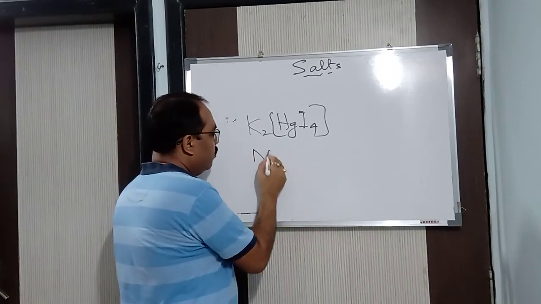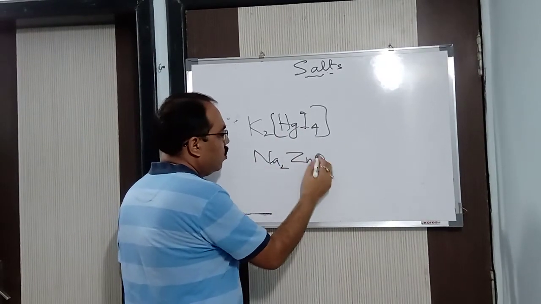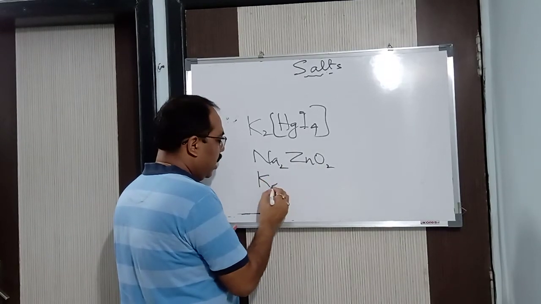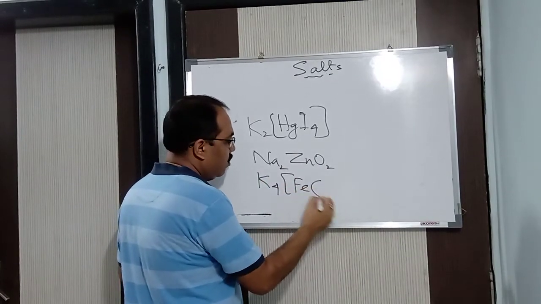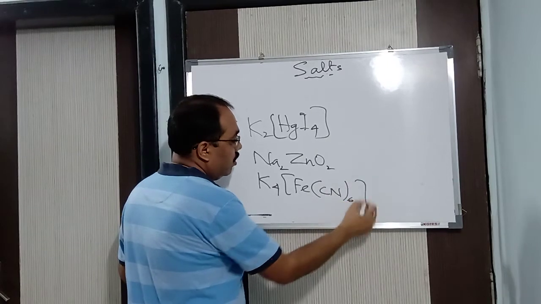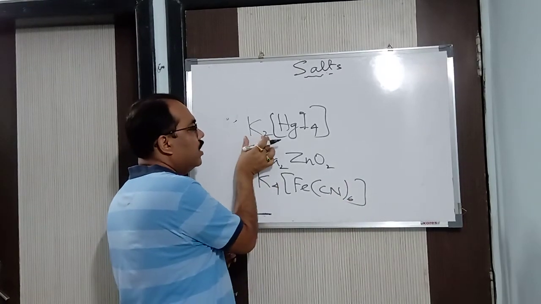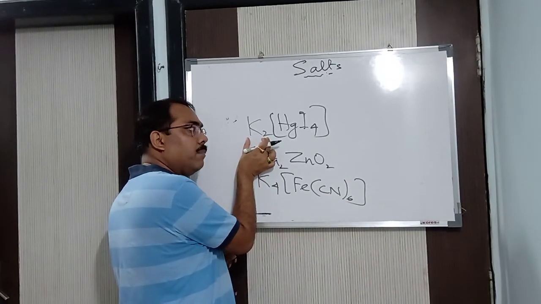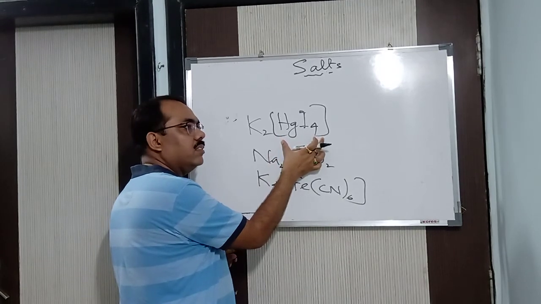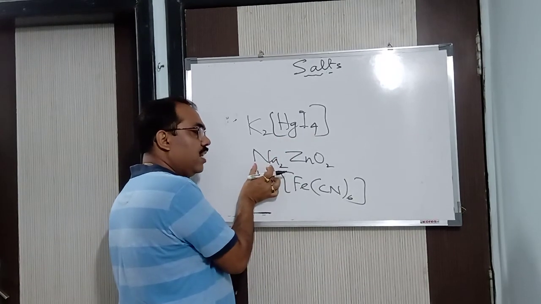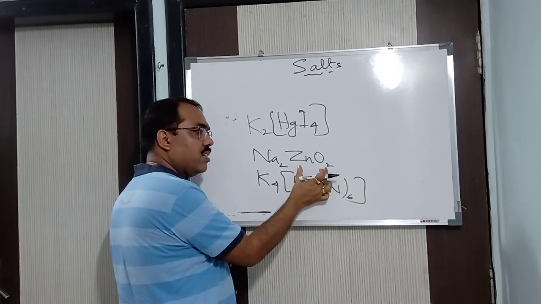You know this also: Na2ZnO2, sodium zincate, then K4[Fe(CN)6]. What you find here is that the simple ion is K plus and this is your complex ion. Here the simple ion is sodium and this is your complex zincate ion.